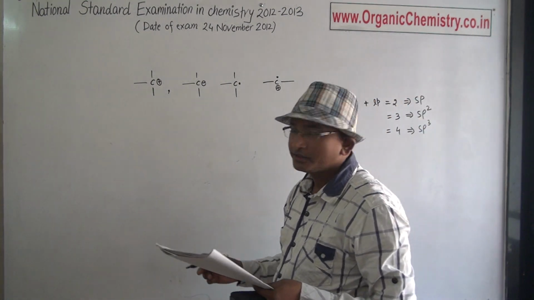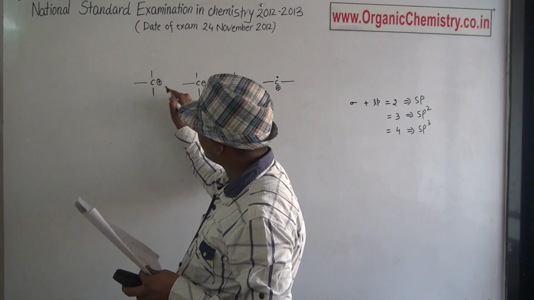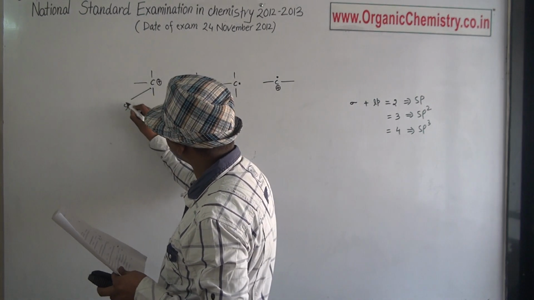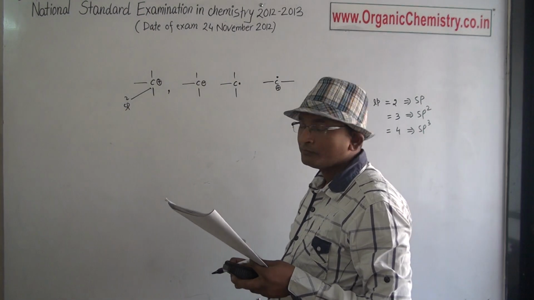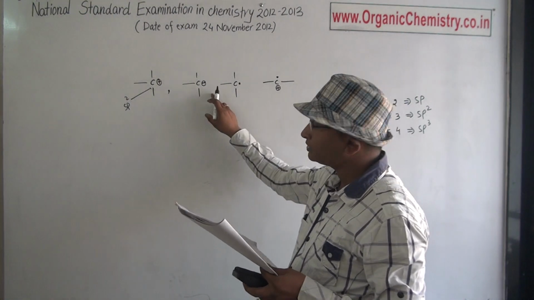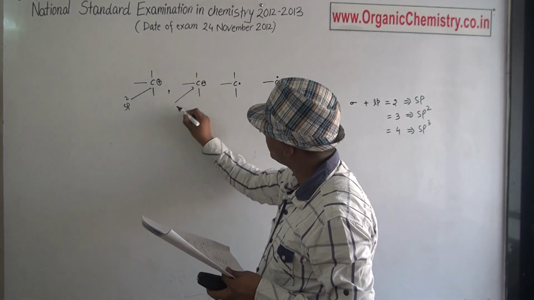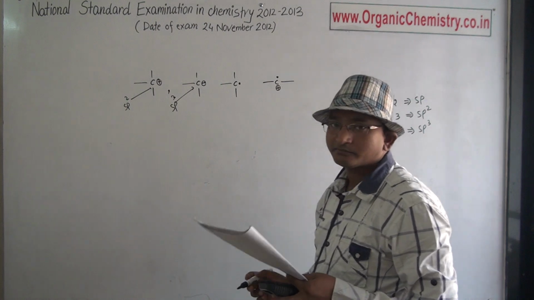In this case, there are 3 sigma bonds and no lone pair, so the hybridization of this carbocation will be sp2. For this one, the negative charge is considered a lone pair, so 1, 2, 3 and 4: the hybridization of this carbon will be sp3.